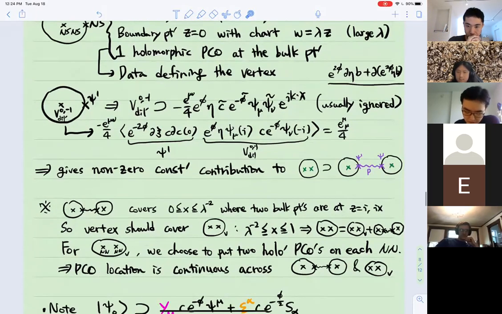So as you can see here, you have a non-zero contraction between these two ghosts, and all the phi ghost numbers correctly add up to -2. So you get a non-zero number. And this gives a non-zero contribution to this diagram, which we actually didn't capture before in the naive string perturbation theory approach.